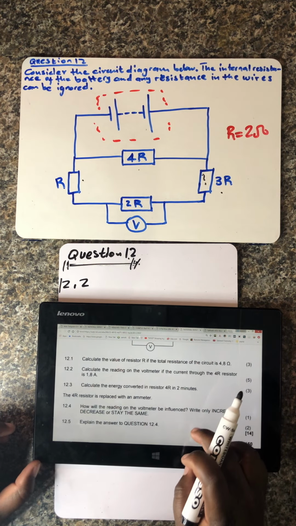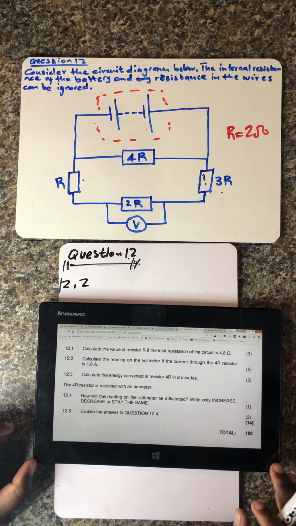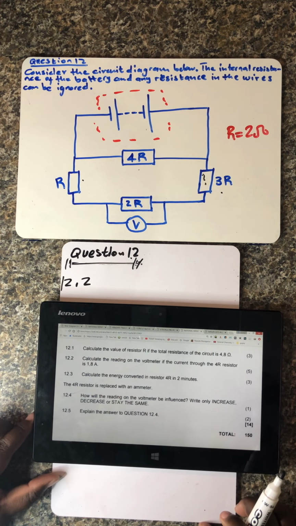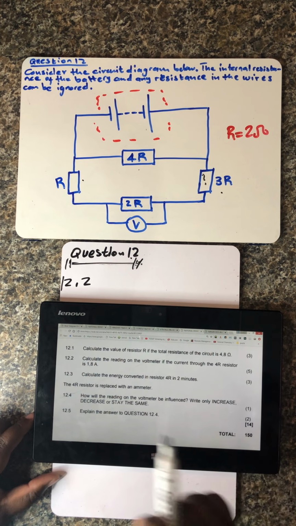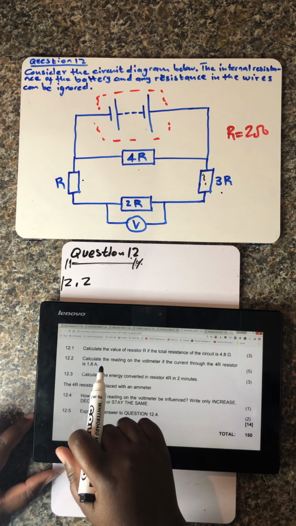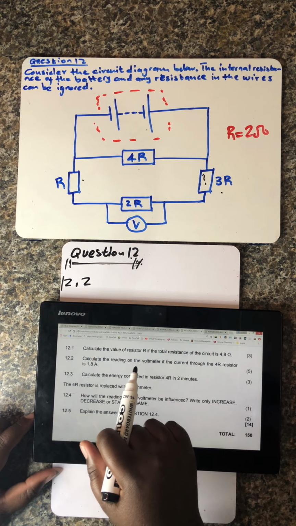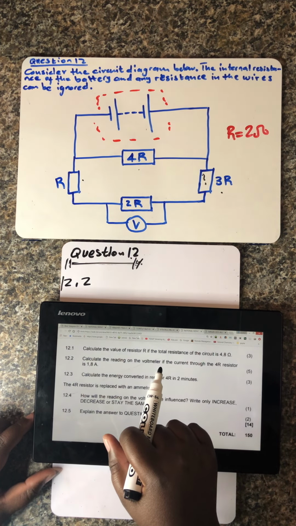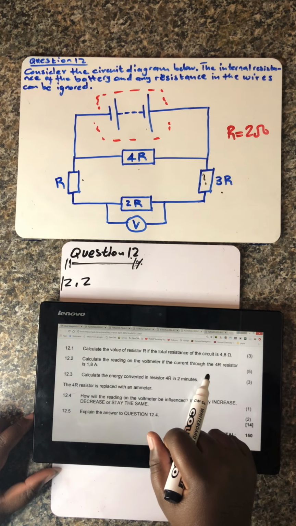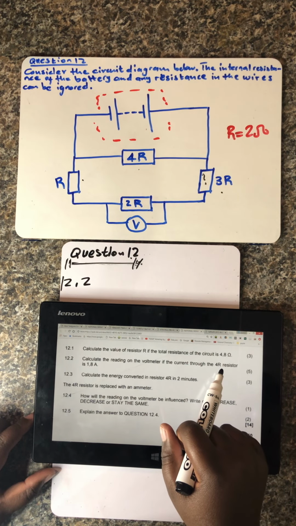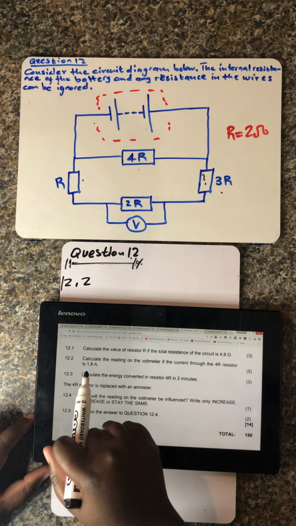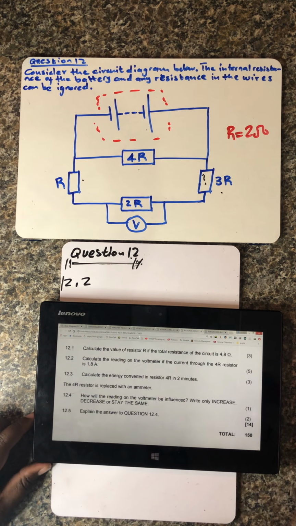So ladies and gentlemen, let's read the question for 4.2. They say calculate the reading on the voltmeter if the current through the 4R resistor is 1.8 amperes.